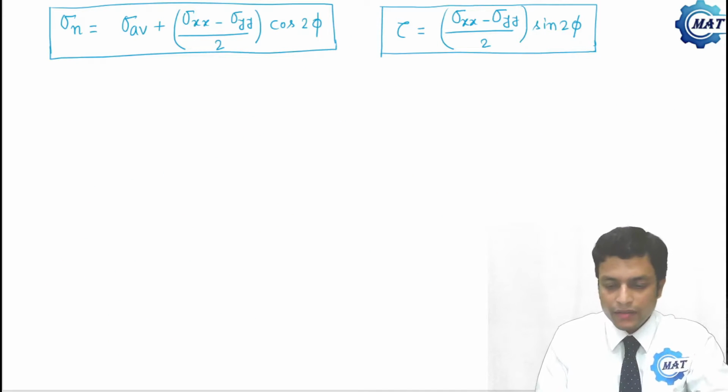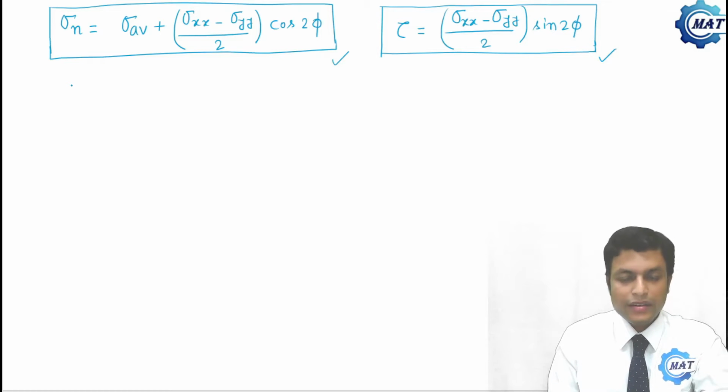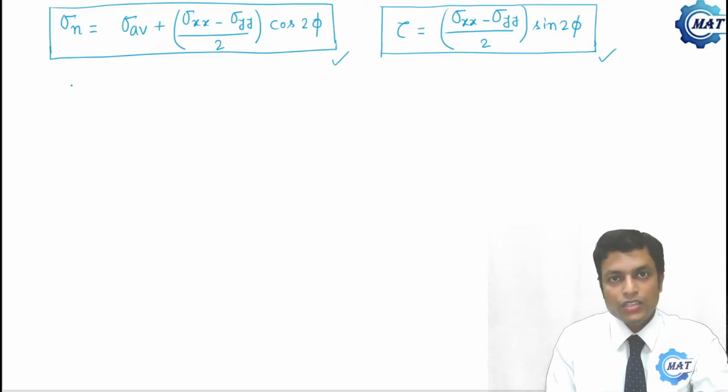We have already determined the expressions of normal stress and shear stress on a plane whose normal makes an angle phi with the x-axis, and these are the expressions. Now let us calculate the complementary stresses. Complementary stresses means the stress values on a plane which is mutually perpendicular to another plane.